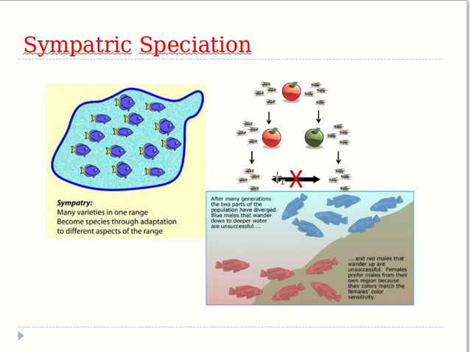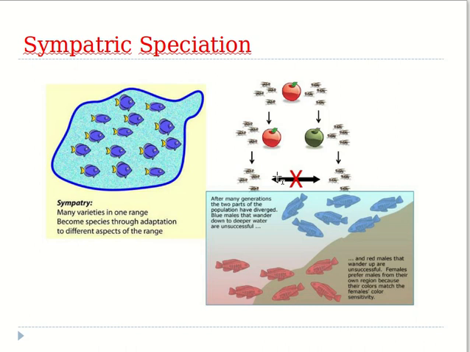Now, sympatric speciation, the origin of new species in the absence of geographic isolation, mainly occurs in plants, and there are plenty of ways through which it can happen: by polyploidy, by hybridization between distinct species, by self-fertilization, and by apomixis. Apomixis is the production of offspring from unfertilized gametes or by vegetative means.